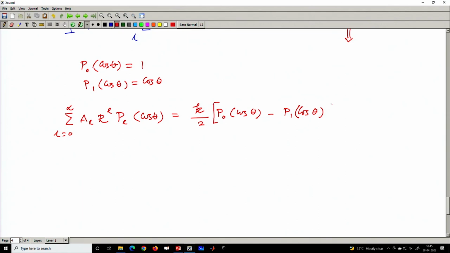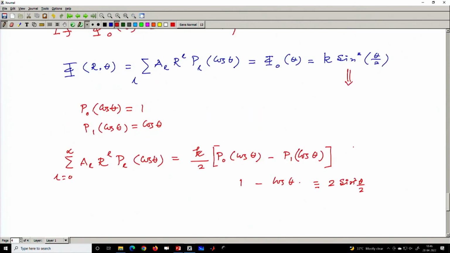So, if I bracket it, this is 1 and this value is cos theta. So, that is 1 minus cos theta, and so this value is equal to 2 sine square theta by 2, since cos square theta by 2 plus sine square theta by 2 minus cos square theta by 2 plus sine square theta by 2. So, it should be 2 sine square theta by 2. So, that quantity is this one. So, half, that is why half is here.